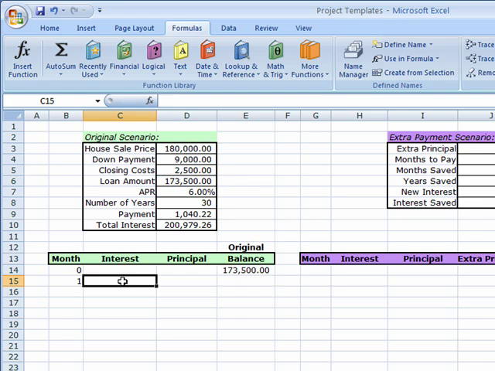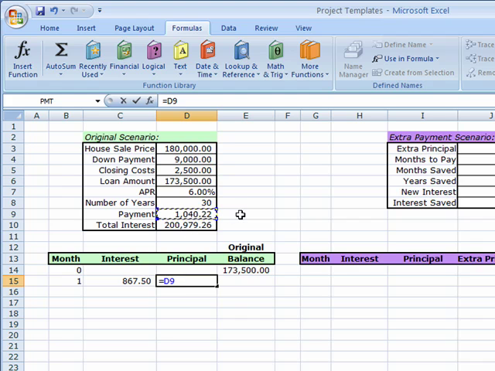And for the interest, we'll be multiplying the original balance, the amount that we've borrowed, by the APR, and because we want to fix this APR in for the full 360 months, we're going to use the F4 function for PC users, or Apple T. That's right, you'll get the dollar signs there to lock that cell reference in, and then divide it by 12. So we have $867.50 for our first interest payment.